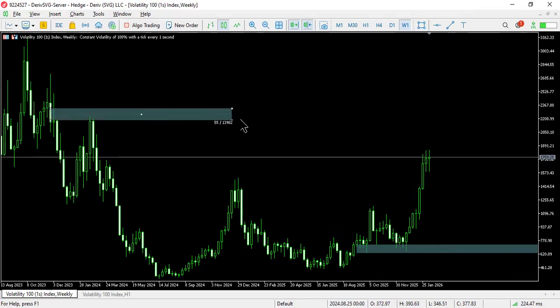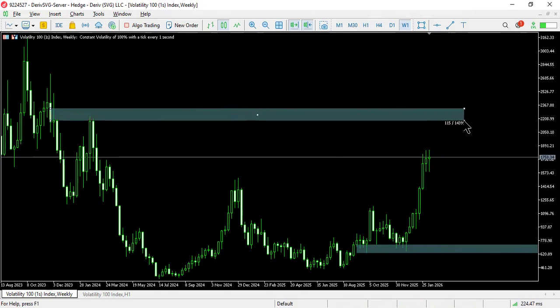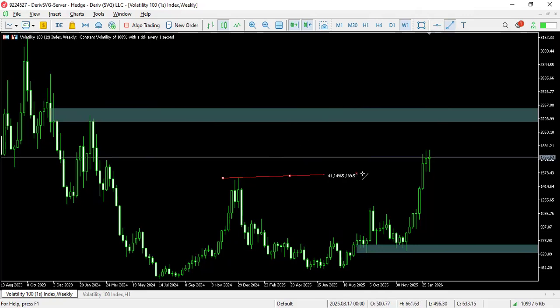Our next level of interest is that demand, where we are going to wait for price to tap in. But as you can see, price is still very far from that demand. Therefore, my bias for this week is still going to be bullish.